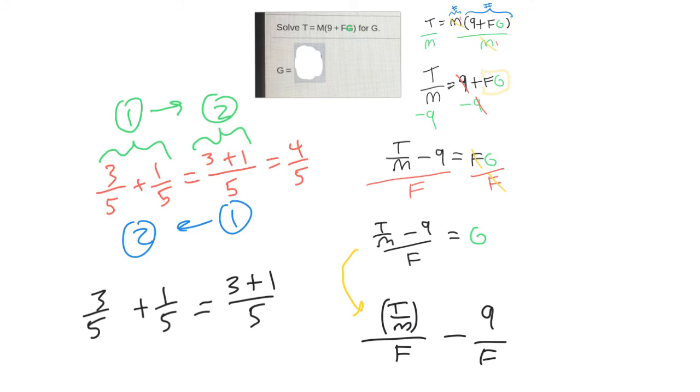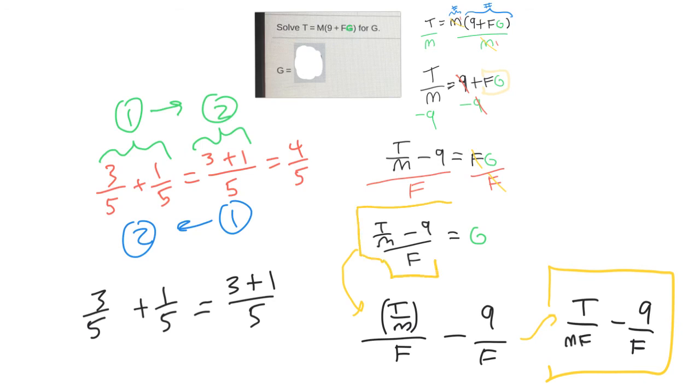Now, if you wanted to go even further, you could then turn that into that whole situation where when you have a fraction over a monomial, well, you can rewrite the top, and simply multiply the two other things, and then you would end up with m times f, and then you could still say minus 9 over f, because that's still there. So that, believe it or not, is another way of writing the correct answer. So we have two ways of writing the correct answer.